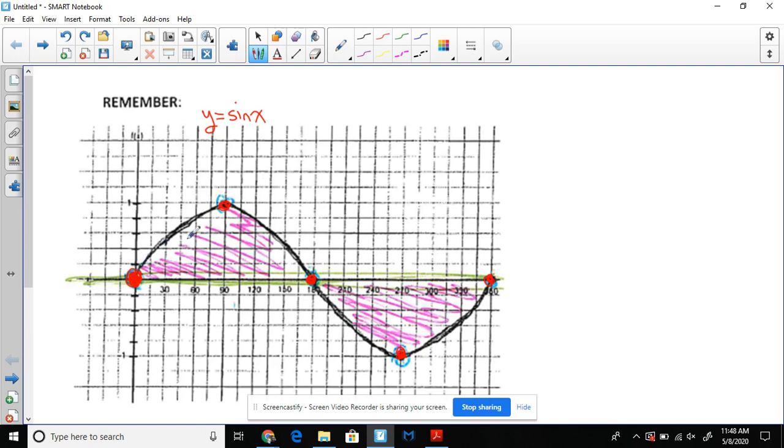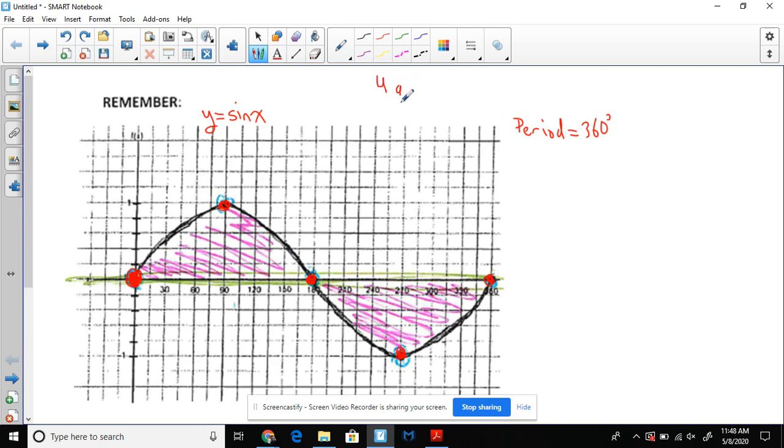So when I'm looking at this and we know where my key points are, I know the period of sine of x is 360. And if you notice, from when we used to spin the terminal arm and I would divide this into quadrants, how many quadrants do we have in one rotation?